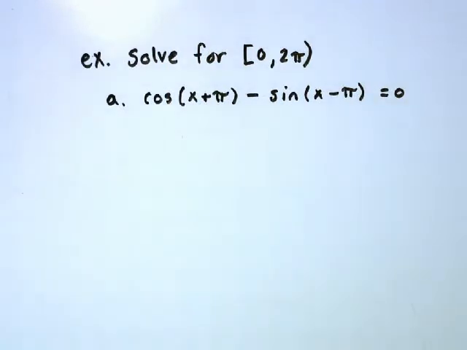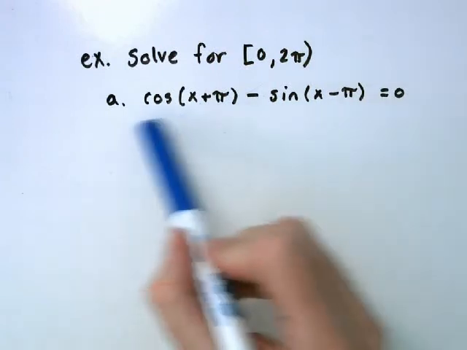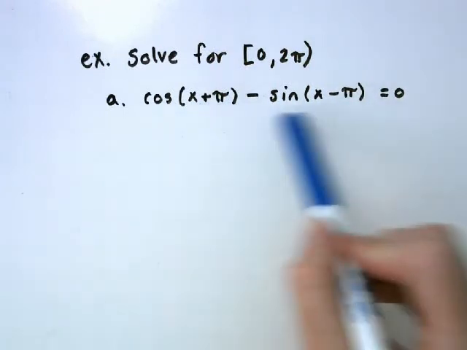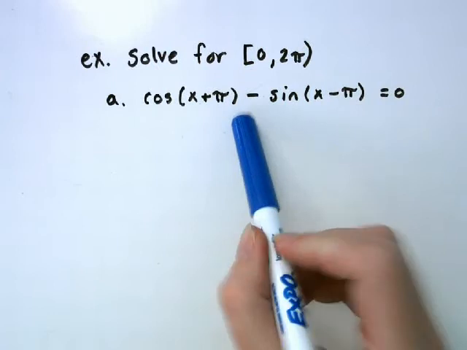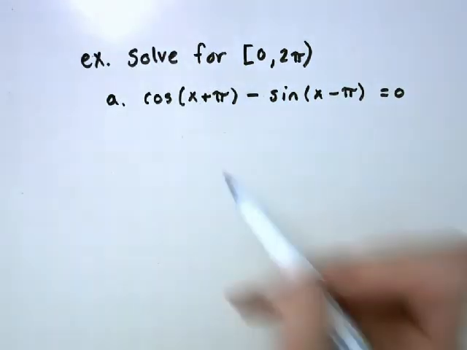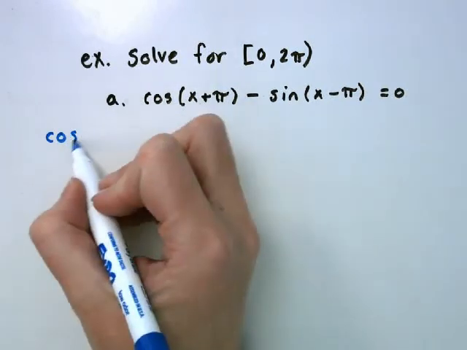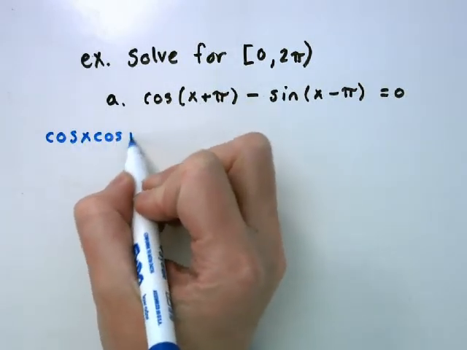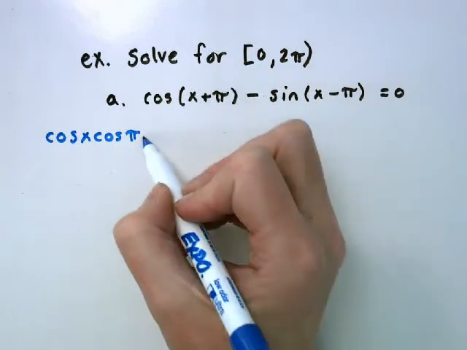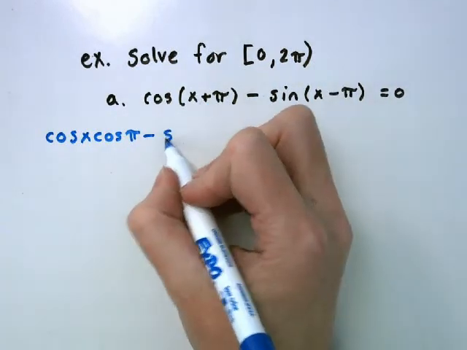Okay, we did solving trig equations. Again, we have a new tool, so we'll do solving equations with these identities. Okay, this one's going to get really big because we're going to have to expand this sum and this difference and then do the difference between them. So we'll do the cosine here. So cosine x, cosine pi. If this is plus, this is minus.